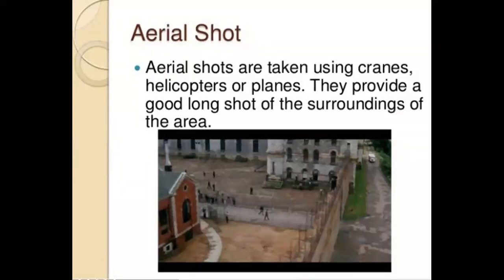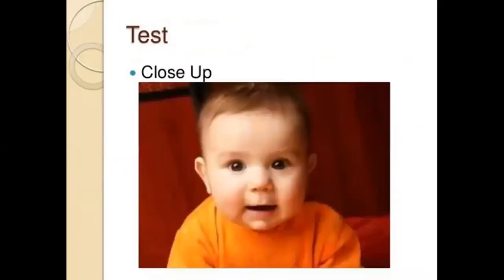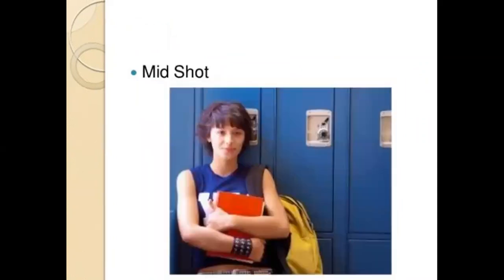Next, we can test here. So you can see the picture here. This kind of close-up we can click with our cameras because this is the proper close-up shot. Next, this is a medium shot, where we shoot just to the chest.